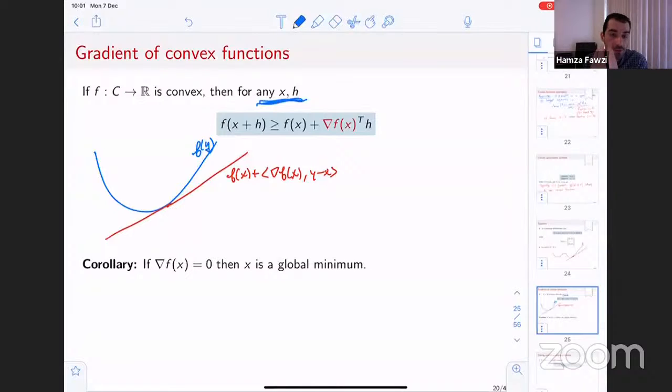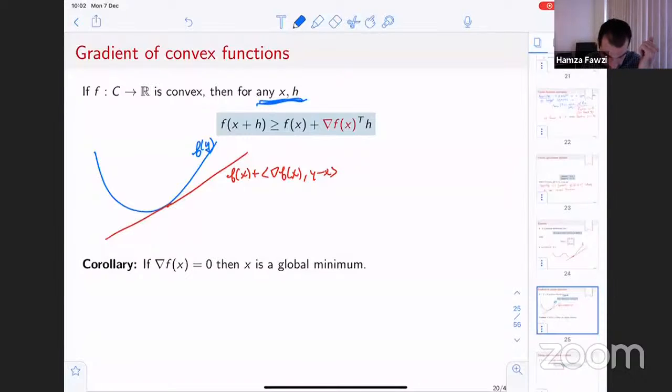The right-hand side, f of x and the gradient of f of x, only depends on local information of the function at x, but the consequence is global. This is what makes convex functions very powerful, because you're able to deduce global information about the function from just local information.